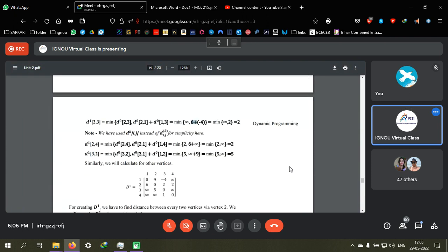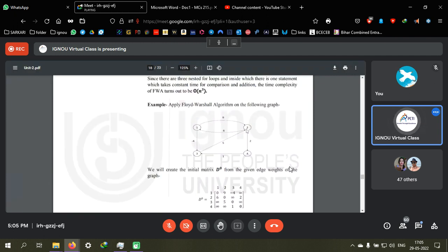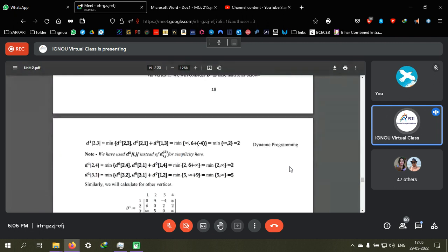And then if I go 2 to 1 with the 6 and 1 to 3, we will get 6 minus 4, that is 2. Which one is minimum from these two? 2. So 2 is the answer. Got the point?